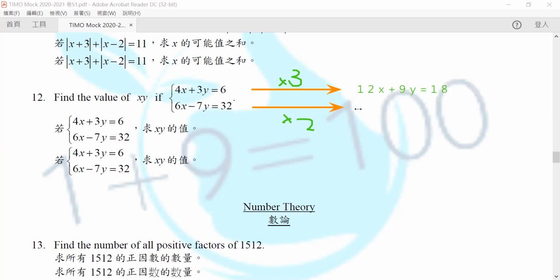So the lower one would be 12x minus 14y, which is equal to 62.